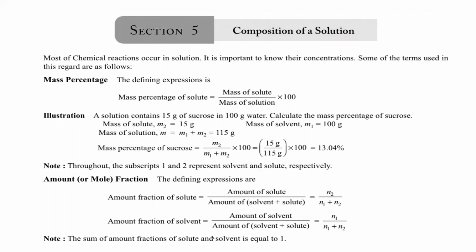First we'll have mass percentage of solute. In a solution we have solute as well as solvent. The substance present in lesser quantity is called the solute, and the substance present in larger quantity is called the solvent. For mass percentage, we have to consider the mass of solution as well as solute.